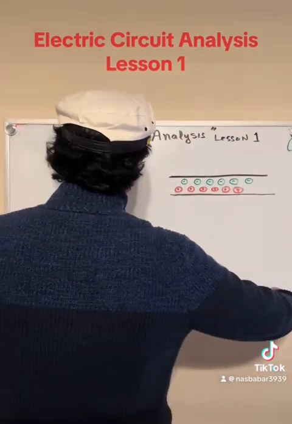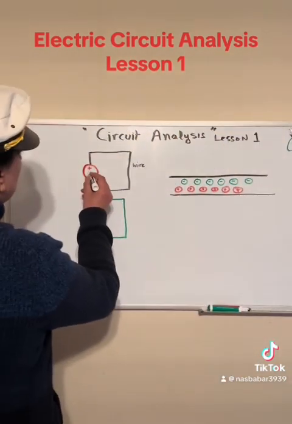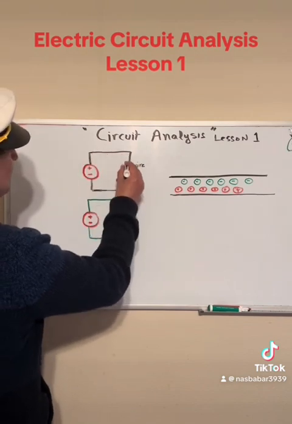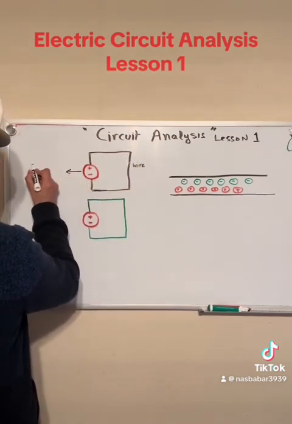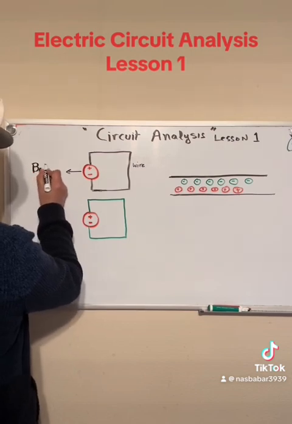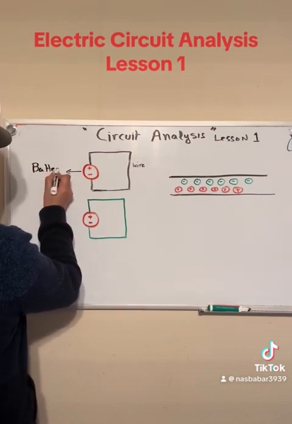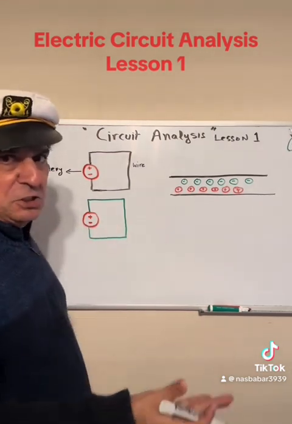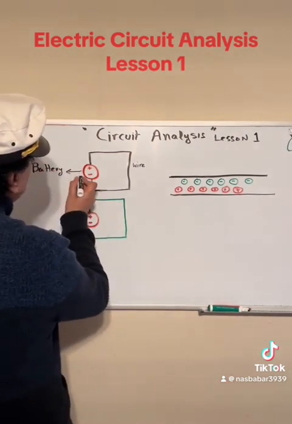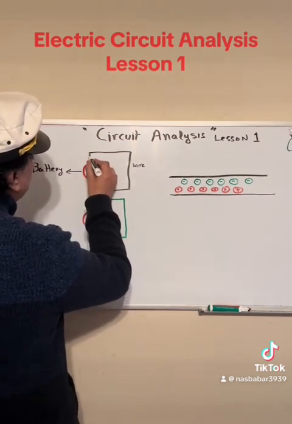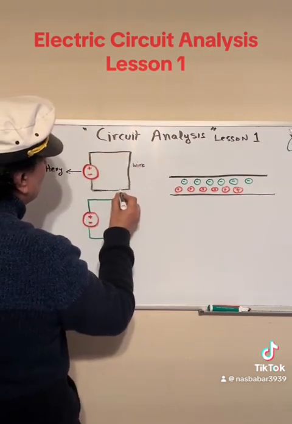So this right here is a closed circuit, right? This is a battery. Battery is a source of energy. It provides energy, okay? So this battery right here has a copper wire around it.